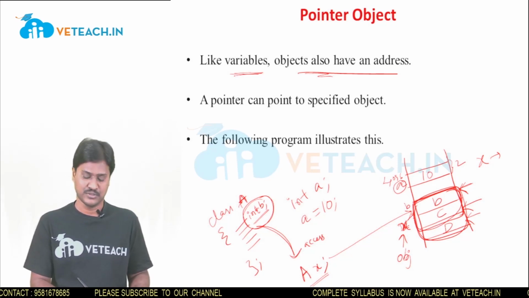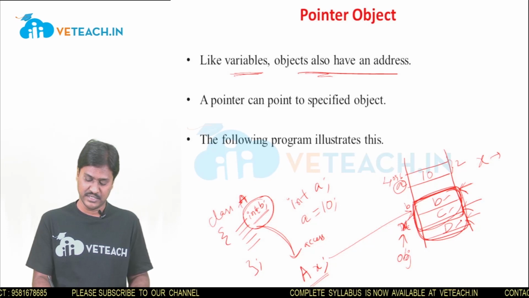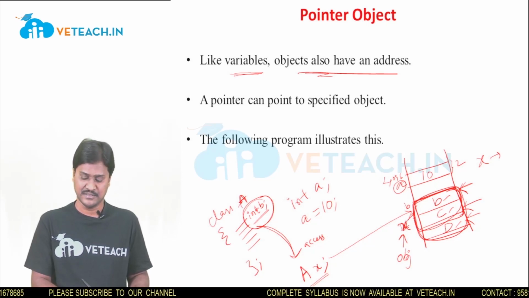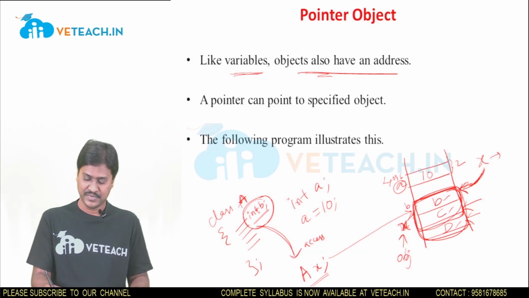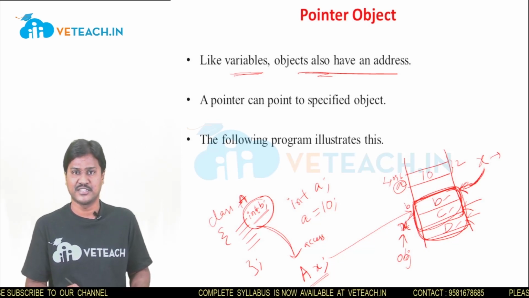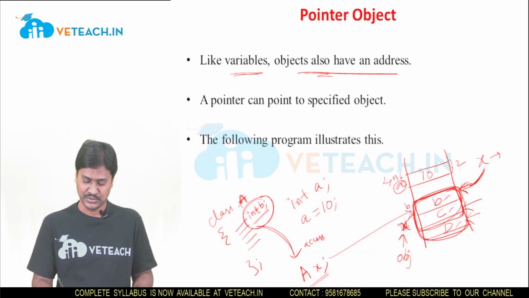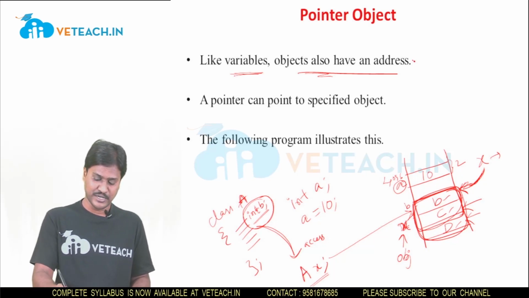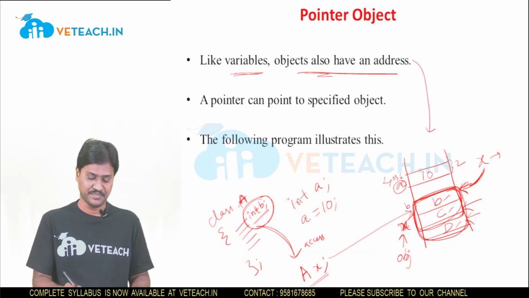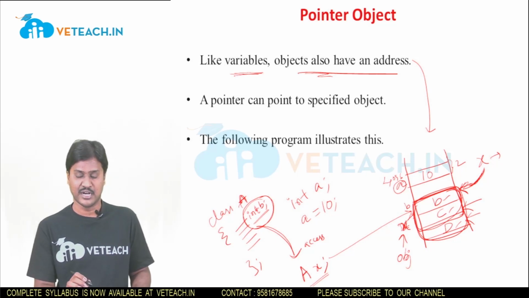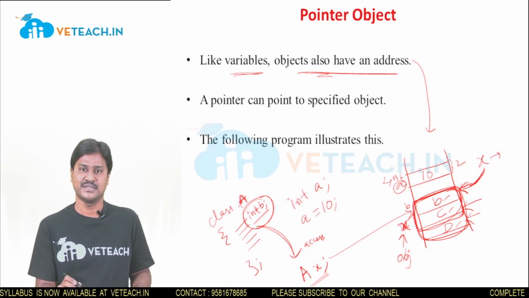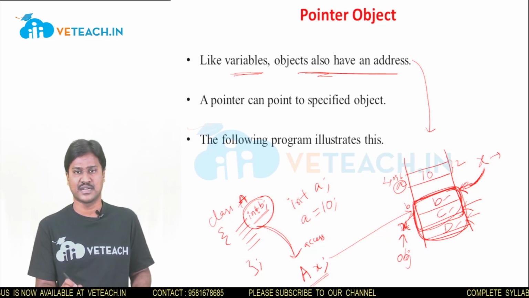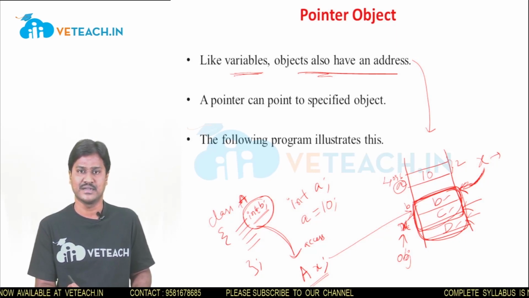So b, c, d are the member variables of the class, and x is an object which holds the starting address, the first variable of the class members. This scenario clearly indicates that, like a variable, objects also have an address, and the address is nothing but that of the first data variable defined in your class, held by the object of the same class.